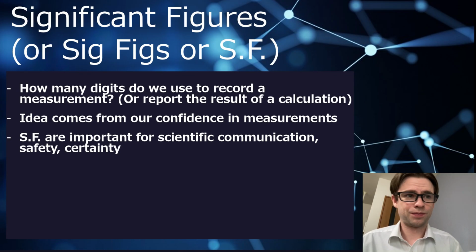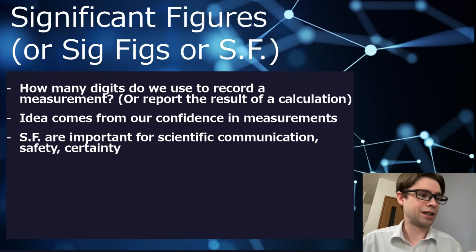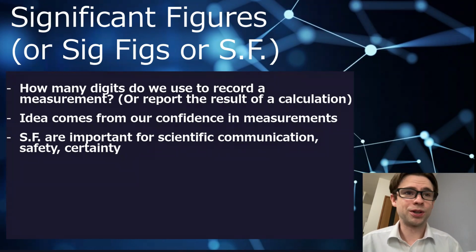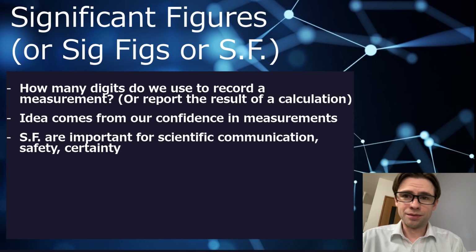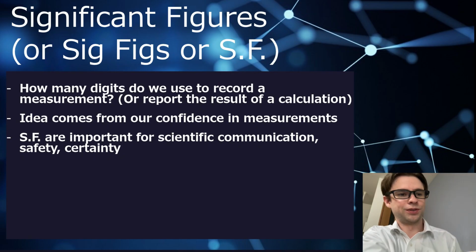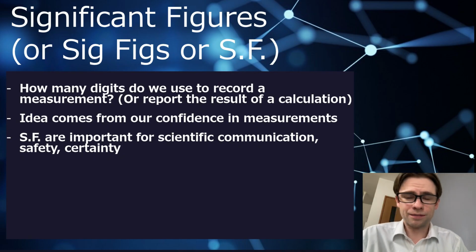Is that good enough? No. 99? Is that good enough? No. 99.9? Getting there. 99.99? Some of these compounds are extremely sensitive, and you need to be very precise about the degree to which you're reporting amounts of certain things to actually get work done a lot of times in the real world.